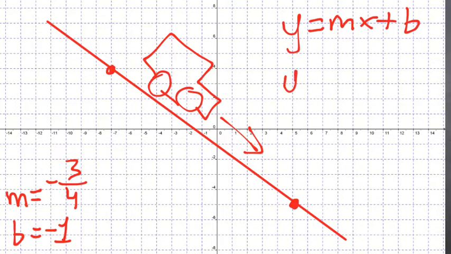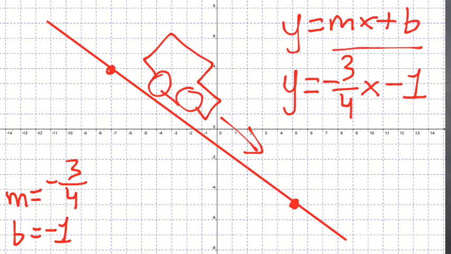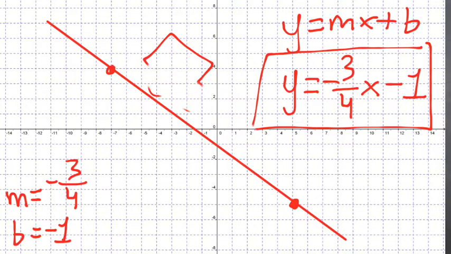And then just like that, y equals negative 3/4x minus 1. There's no point in putting plus -1. It's the same thing as saying -1. And just like that, you found the linear equation of this line right here.